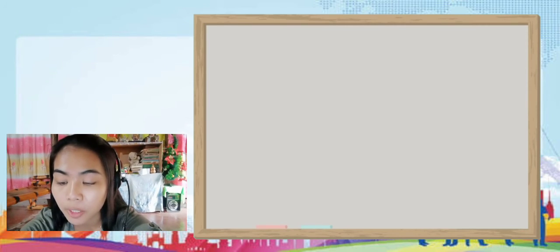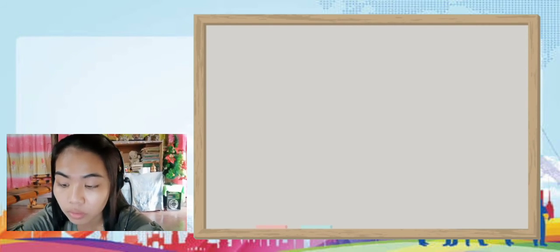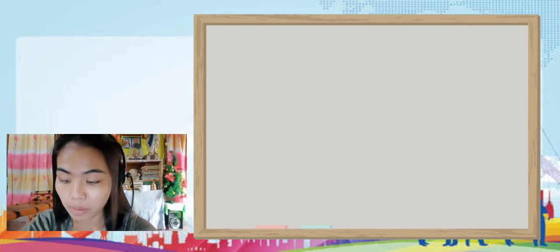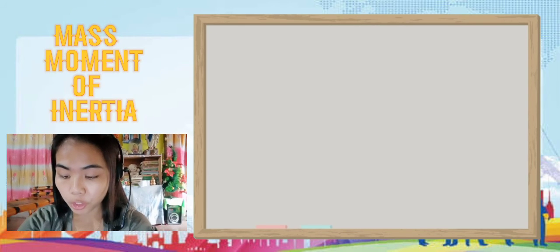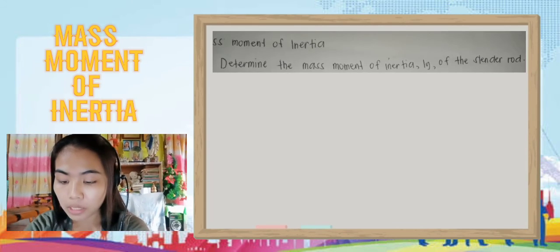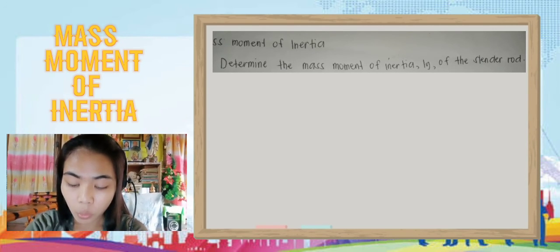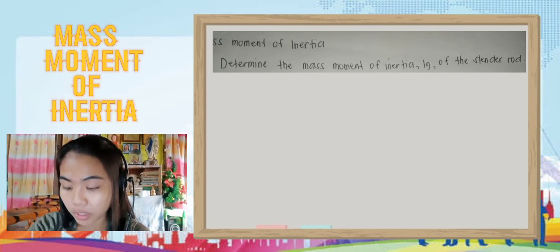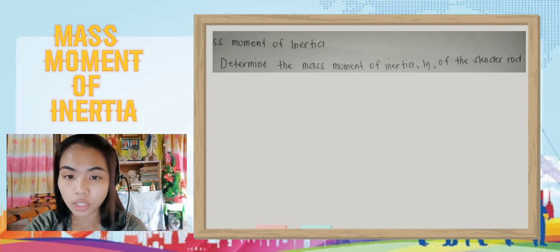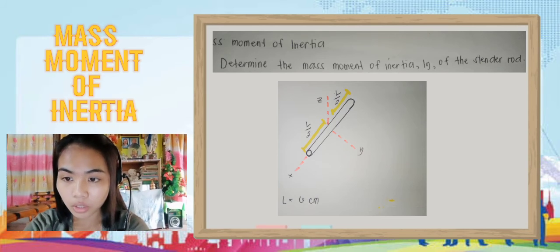So, for our last example is all about the mass moment of inertia. So, our problem is, determine the mass moment of inertia, I_y, of the slender rod, which makikita nyo yan dito. Nakaguhit yan siya dito.